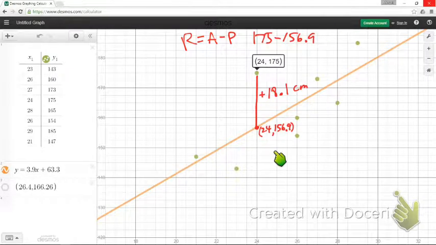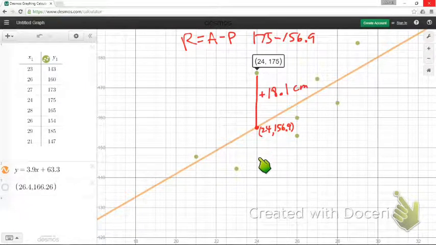Now we're going to do that, but I'm actually going to do the other part first. Let's go below 18.1 centimeters. Instead of adding 18.1 to 156.9, because I went vertically to get 175, let's subtract 18.1 from 156.9 to find the actual coordinate that is negative 18.1 below this line. So 156.9 minus 18.1 comes out to be 138.8.